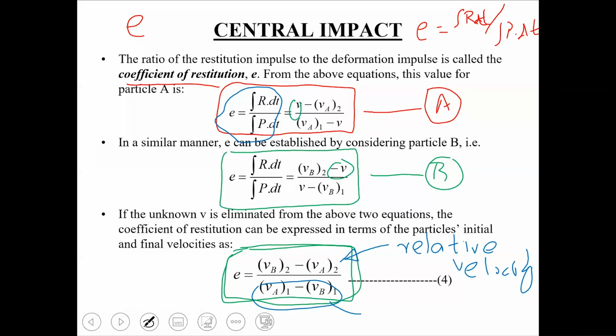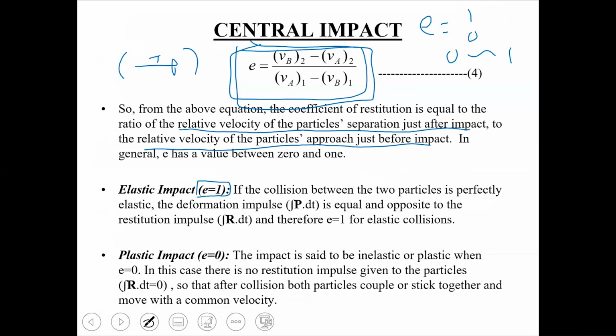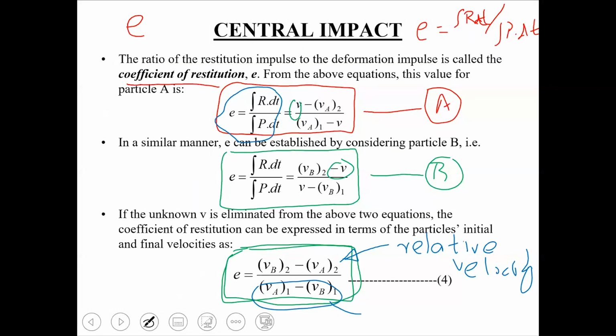Yes sir. Okay, the second type of collision is plastic collision, in which the value of E is equal to 0. What does the value of E equal to 0 represent from this formula E equal to integral R dt over P dt? कब ये 0 हो सकता है? अगर न्यूमरेटर 0 है या डिनोमिनेटर 0?